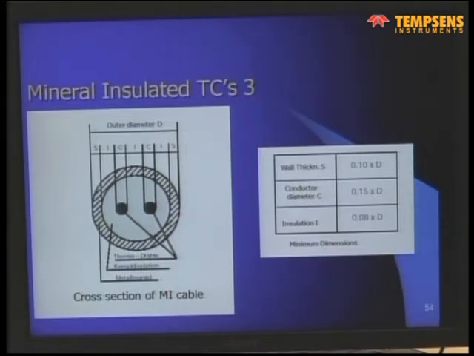And when you look at the dimensions in the right table, the conductor diameter is somewhere around 15% of the outside diameter. So if the outside diameter is in the size of your hair, then you can consider what is the diameter of the inner thermocouple wire.